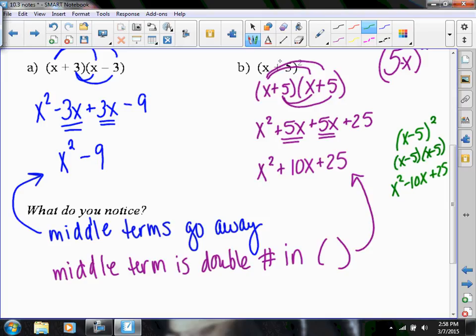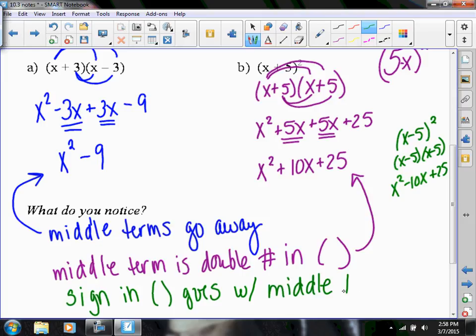Now notice up here, I kind of wrote over it, but we started with a plus, and here I have a plus 10. Here I started with a minus, and now I have a minus 10. So that sign that's in the parentheses goes with the middle term. So if it's a plus in the parentheses, then we have a plus, whatever that number would be.